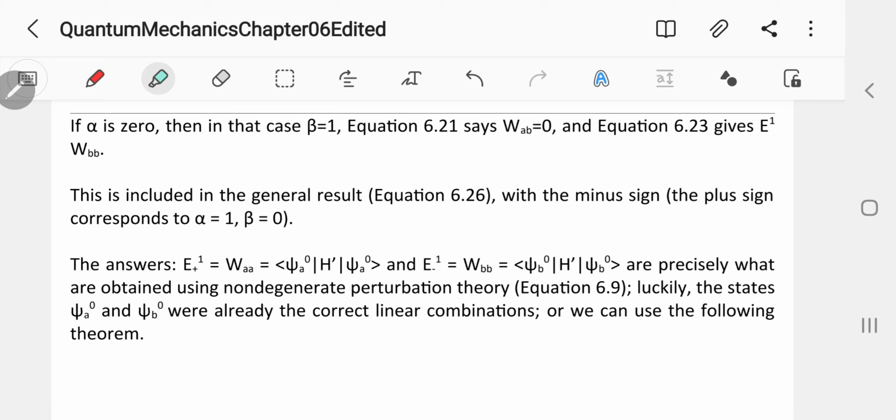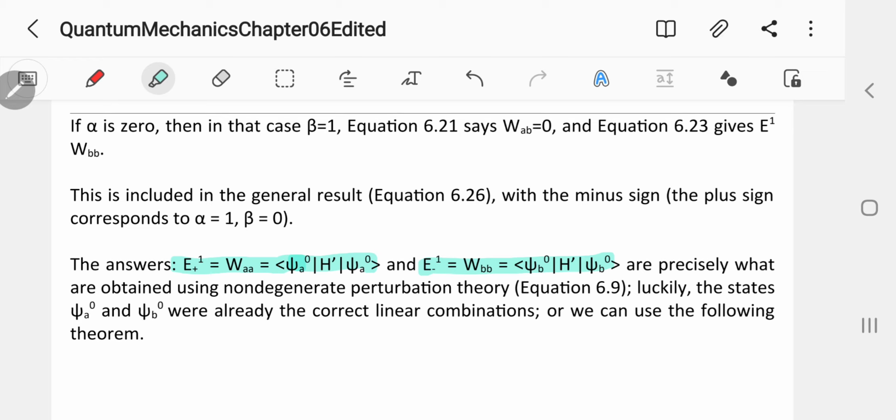So we will have E plus 1 equal to WAA, which is this, and E minus 1 will just be this one. Those are precisely what are obtained using the non-degenerate perturbation theory.